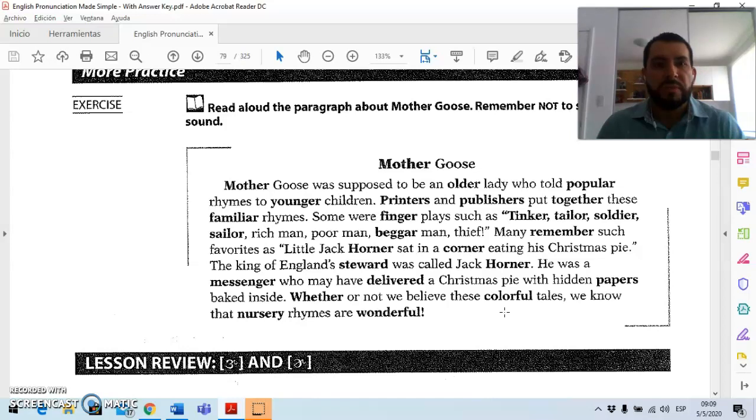Many remember such favorites as Little Jack Horner sat in the corner eating his Christmas pie. The King of England's stewards was called Jack Horner. He was the messenger who may have delivered a Christmas pie with hidden papers back inside. Whether or not we believe these colorful tales, we know that nursery rhymes are wonderful.